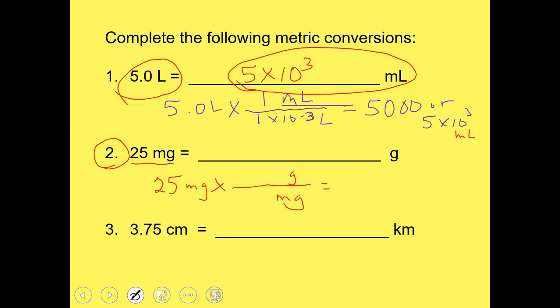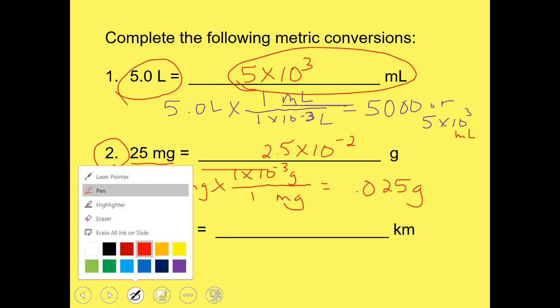So you have to look on the chart, or maybe you know it. 1 milligram is 1 times 10 to the negative third grams. You multiply, you get 0.025 grams, or in scientific notation, 2.5 times 10 to the negative 2 grams. Either one is fine.